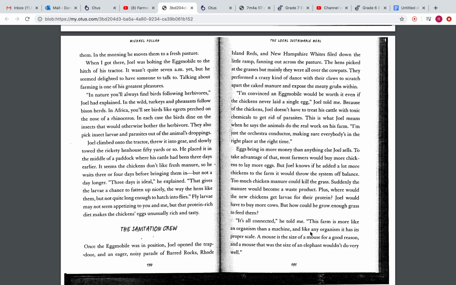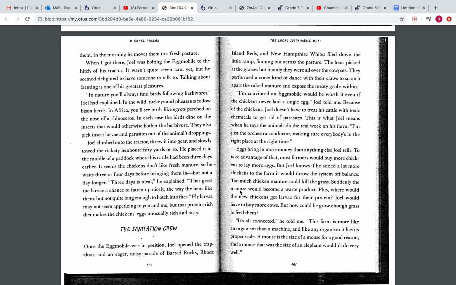And he makes sure that his farm has the right amount of cows and the right amount of chickens, because he knows that by adding too much of anything or taking away anything, the balance will be thrown off, right? For example, by buying more cows, he might not have enough grass to feed all the cows. By adding too many chickens, all that chicken manure would kill the grass, right?